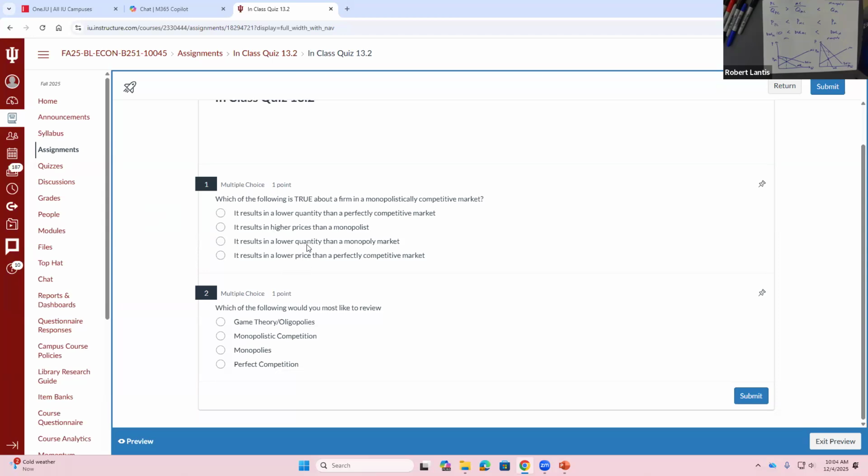And then what about quantity? If I have more monopoly power, how am I able to charge a higher price? I was restricting quantity. So the monopolist will set a quantity that is lower than what a perfectly competitive market would choose. We're comparing things now not at the firm level, but at the market level, okay? So that one's not going to be true.